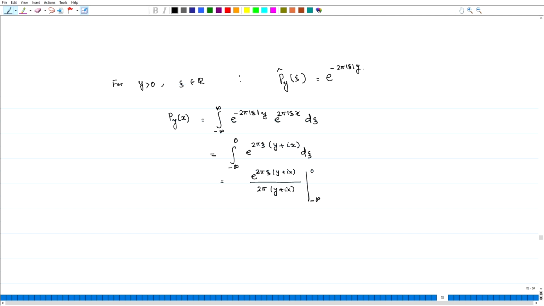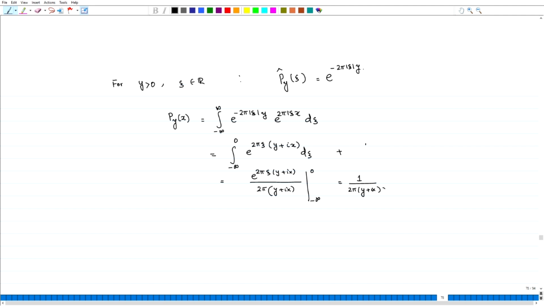At xi equal to 0 this gives 1 over 2 pi (y plus i x), and at minus infinity it is 0.